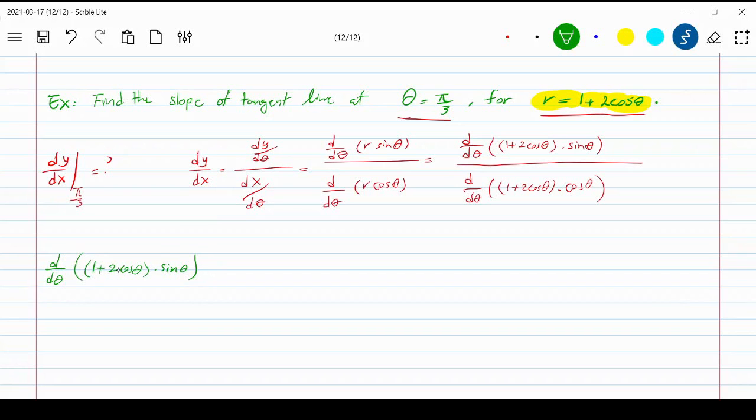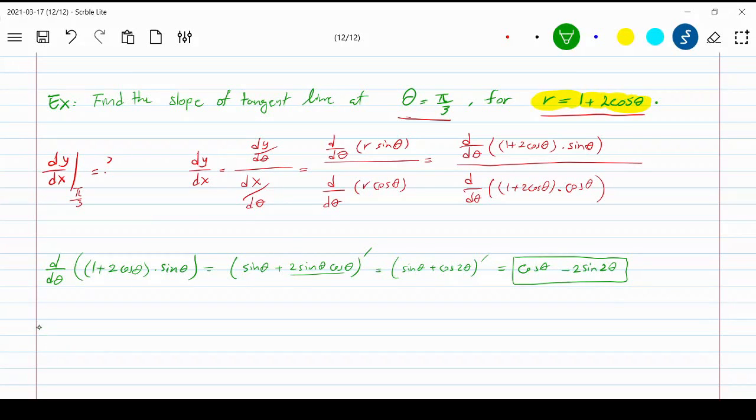You can apply the product rule, or you can simply distribute and look for the derivative of sine theta plus 2 sine theta cosine theta, and this is simply sine 2 theta. So you have the derivative of sine theta plus sine 2 theta. You can apply the product rule, but this is easier. The derivative of sine is cosine theta, and the derivative of sine 2 theta is 2 cosine 2 theta. So this is the numerator derivative.